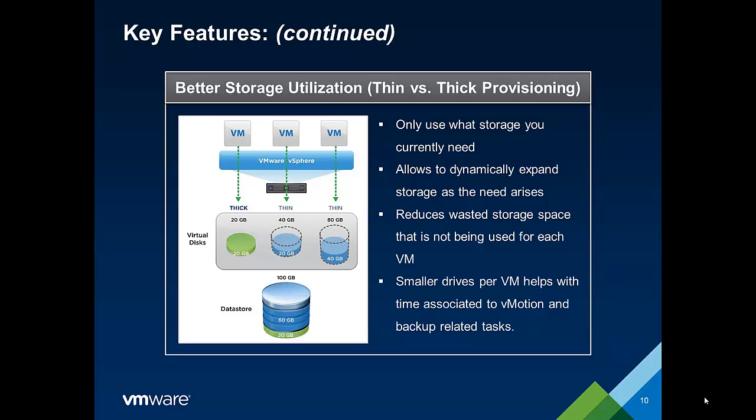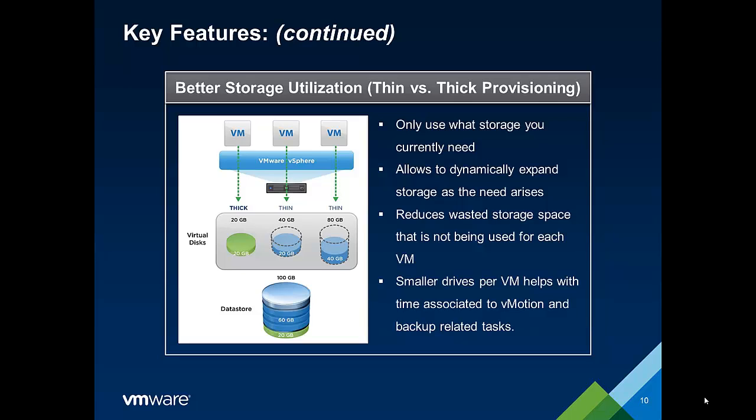Now, the greatest thing about thin provisioning is that it allows the drive to dynamically expand. So if our need grows, say our application has a database, and the database starts to grow as it naturally would, and our drive space requirement goes up, it will dynamically adjust the drive space as needed. So that is a huge benefit. It keeps the server from crashing because it'll dynamically grow.